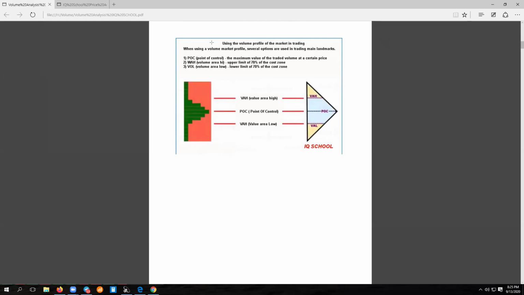Look, this is the volume bar, and this is the high volume node here. If it is in the middle, it's a D shape. If the high volume is down, it's a B shape. This is the low, and it's the POC point. Yes, sir, understood, sir.